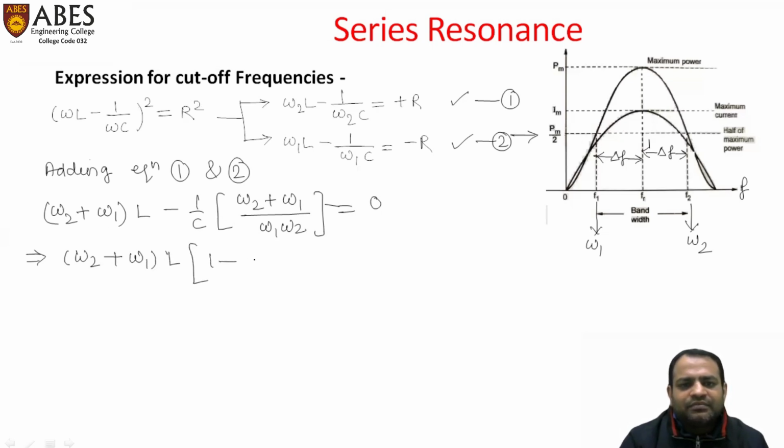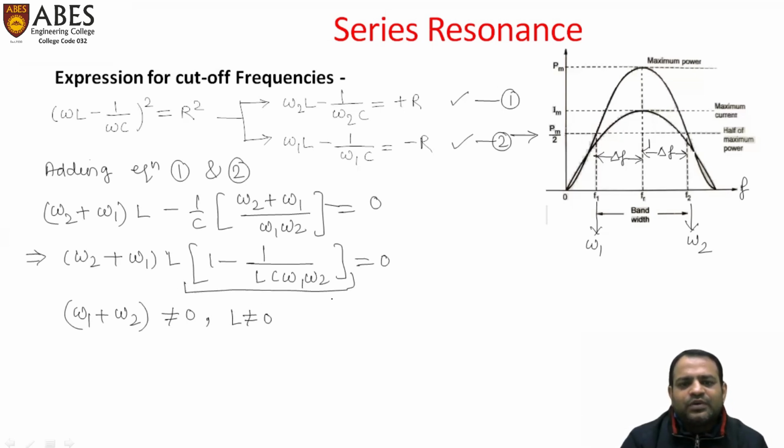So here 1 minus 1 upon LC omega 1 omega 2, which is equal to 0. Now omega 1 plus omega 2 cannot be 0, and L is also not equal to 0. Then this term is only equal to 0.